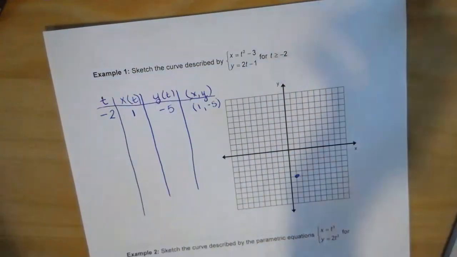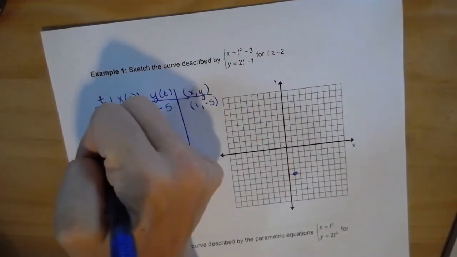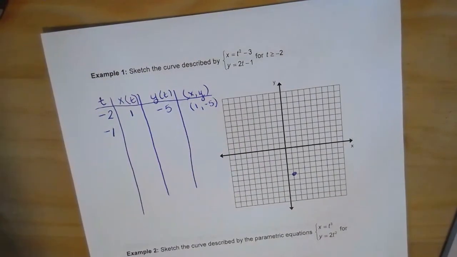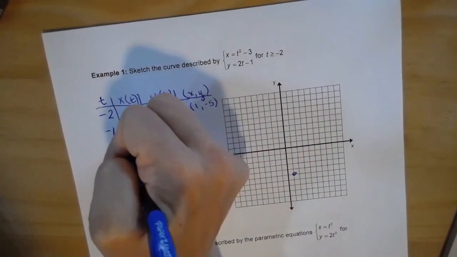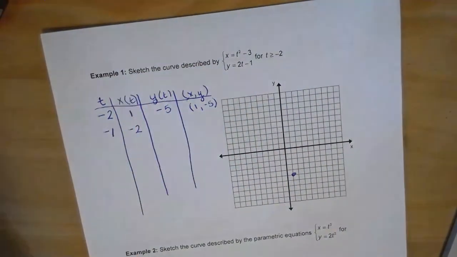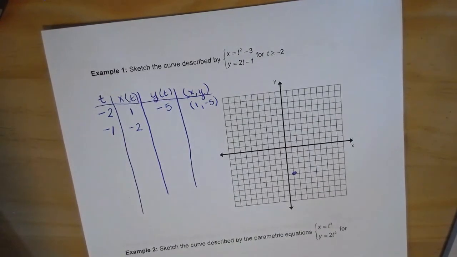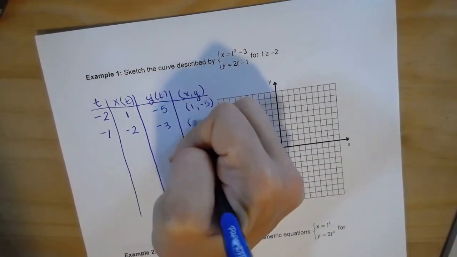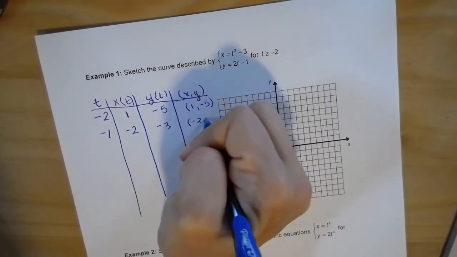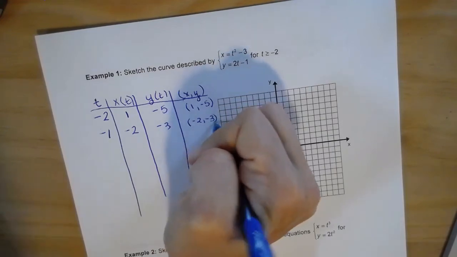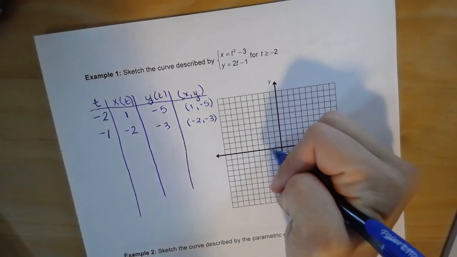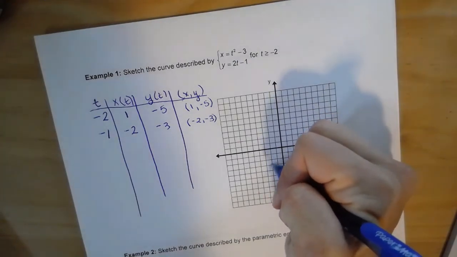Now let's go to the next. Let's do a friendly value. So let's just keep it at integers. So -1. Now when I plug in -1 to x, I get -2. When I plug in -1 to y, I get -3. So the coordinate I'm looking at is -2, -3. So -2, 1, 2, and then 1, 2, 3.